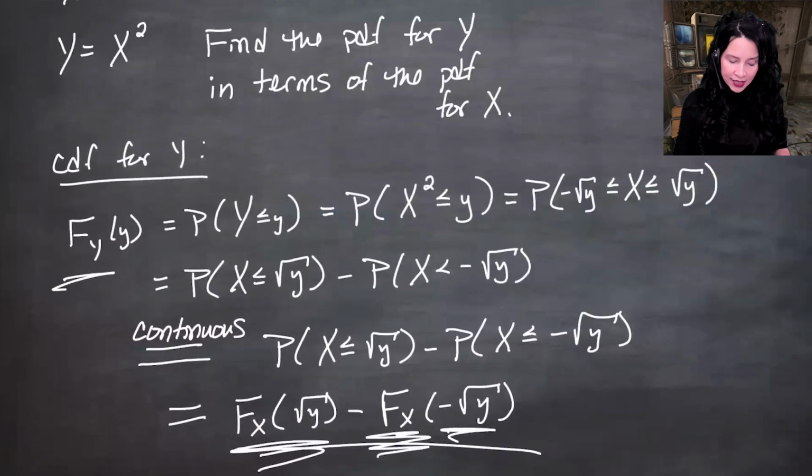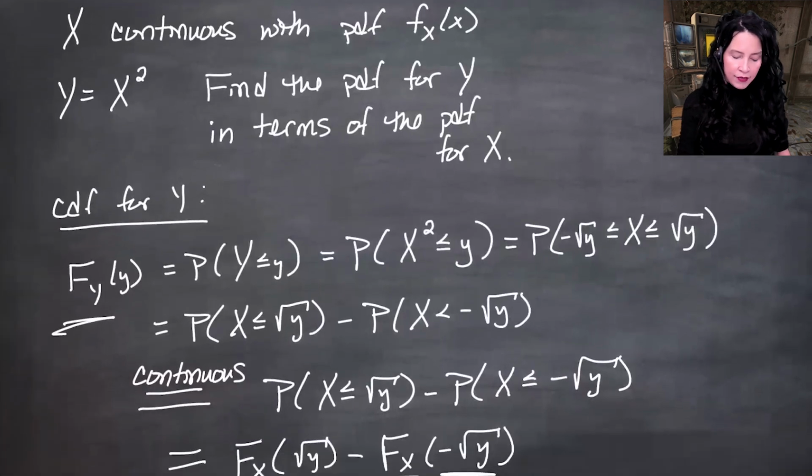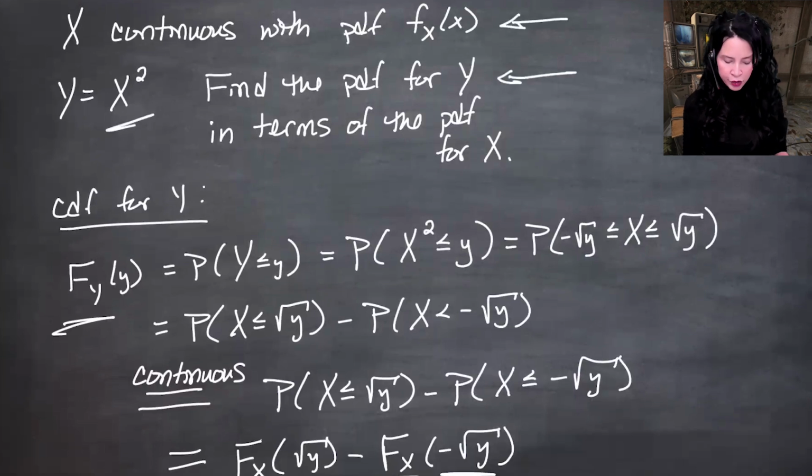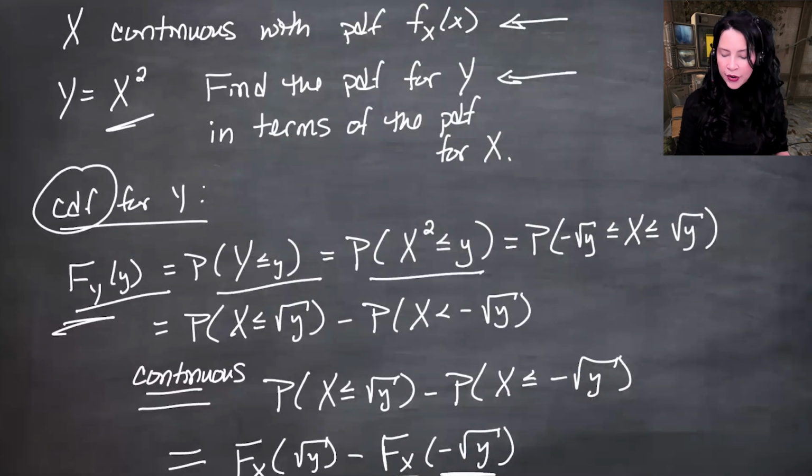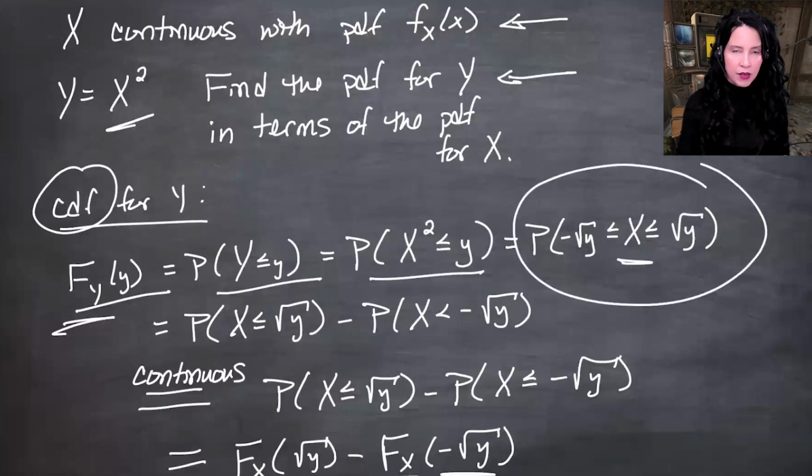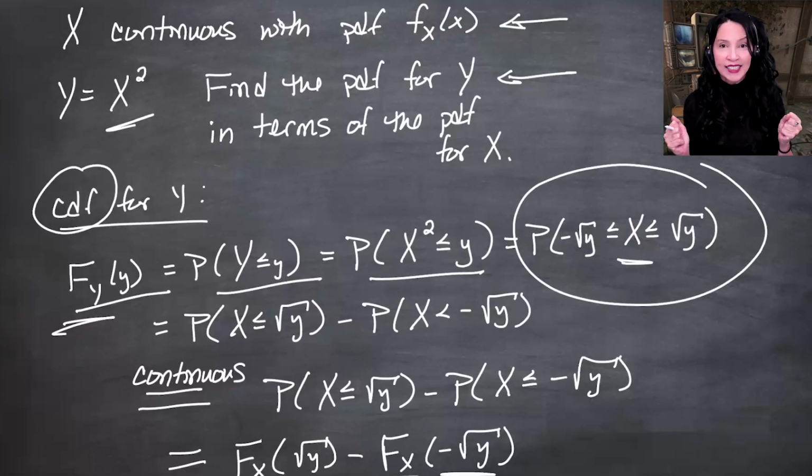So one more time at the top here, if you're given a continuous random variable and you want to find the PDF for another random variable that is not exactly an invertible function, I would start with CDFs and just start writing out what you know and try to isolate the X. The isolation of the X may be much more complicated than in this pretty simple example, but you should be able to do it in a lot of cases. So what can I clear up?